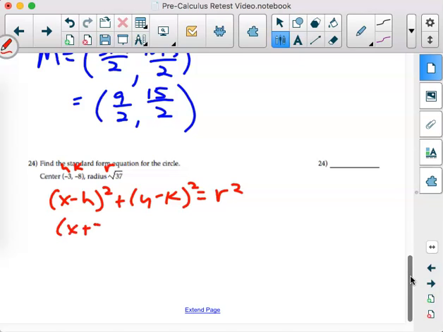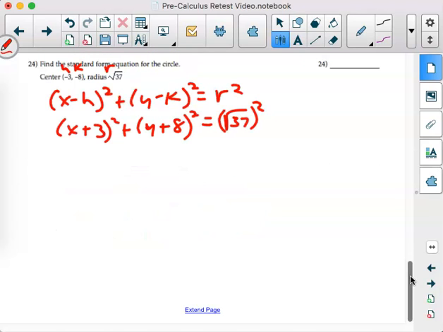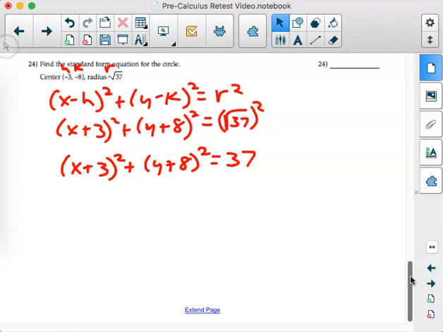So this will be x plus 3, the quantity squared, plus y plus 8, because minus a negative is a positive, and then the square root of 37 squared. But I can't leave that either, because I know that the square root of 37 squared, those are inverses of each other. So x plus 3 squared plus the quantity y plus 8 squared equals 37. And that's what the standard form for an equation for a circle would look like.